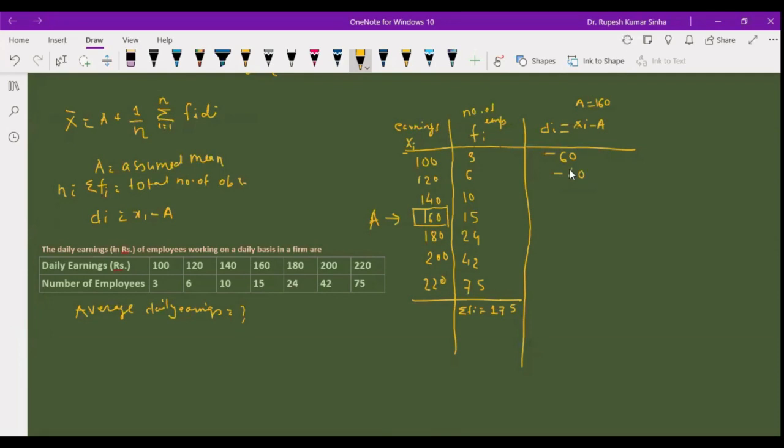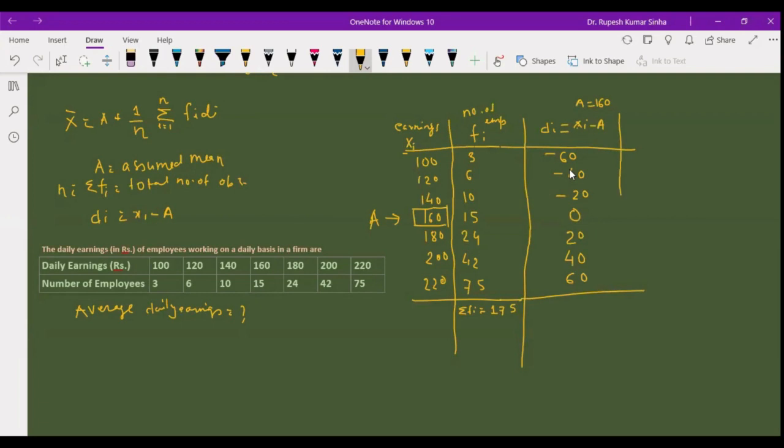Next, we are going to get minus 40, minus 20, 160 minus 160 we get 0, then 20, 180 minus 160 is 20, 200 minus 160 is 40, and 220 minus 160, we get 60. So we got all di.